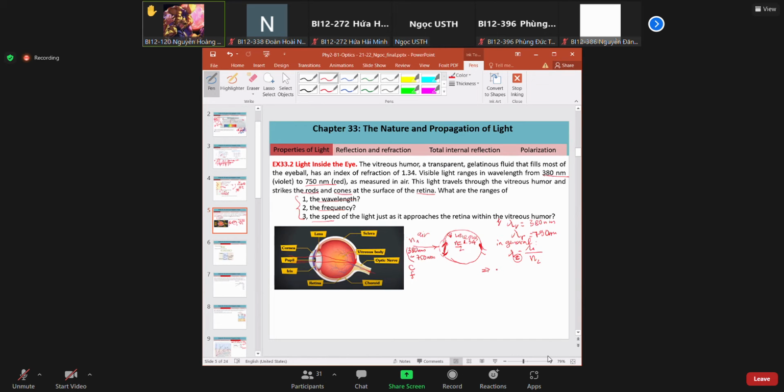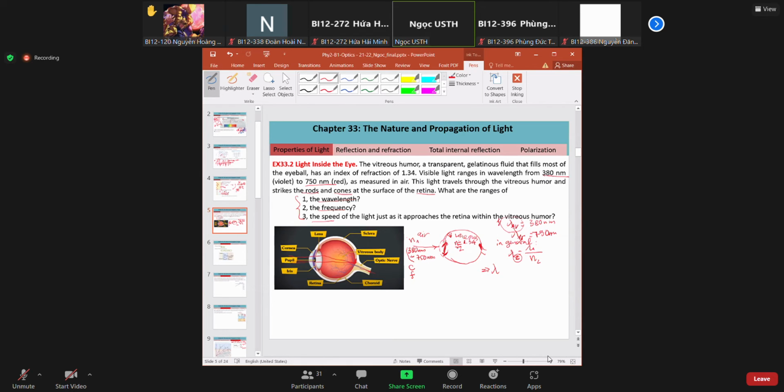So we got lambda 1. The lambda in the first medium, when it transfers to the second medium, will be changed, right?